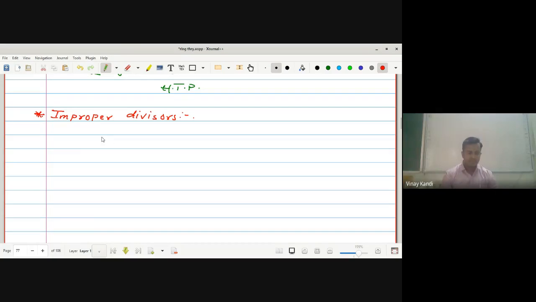Okay, look here. Let D, capital D, be an integral domain with unity element 1.